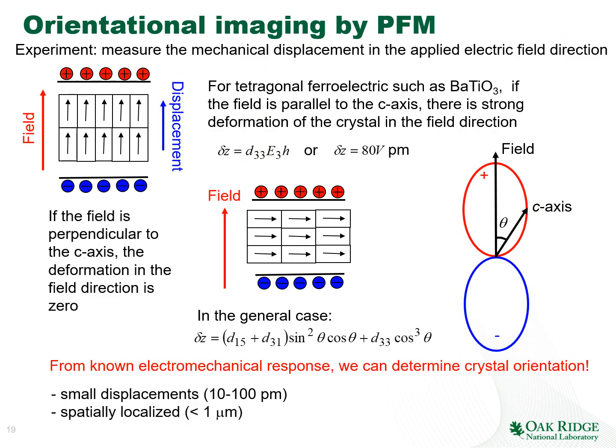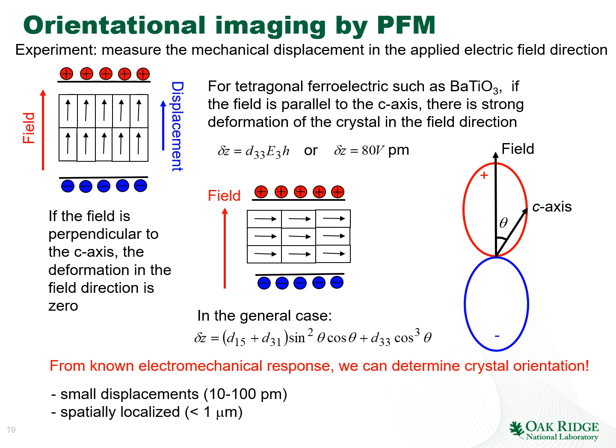Now, what is the use of the normal PFM? Some of the examples that I have shown before clearly show that the PFM signal is very orientation dependent. In fact, the PFM signal depends extremely strongly on orientation, because the piezoelectric effect is a third rank tensor.